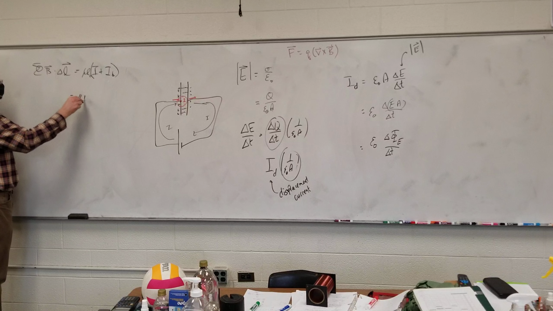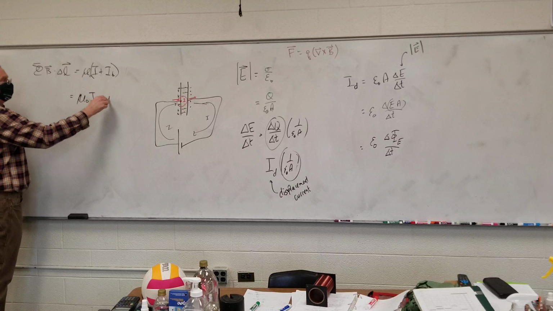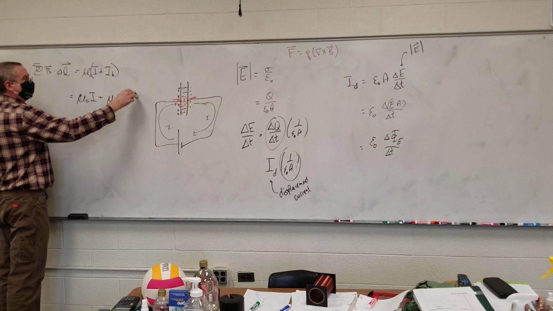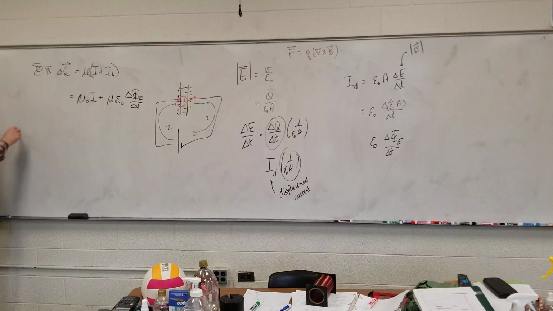So that's equal to mu sub naught times the normal current plus mu sub naught times epsilon sub naught times the change in the electric flux over the change in time. Ampere's law with the Maxwell correction.